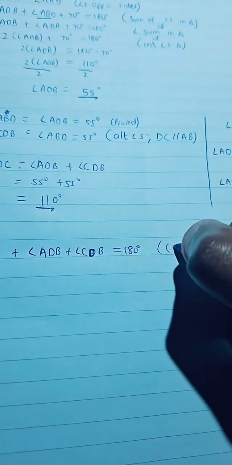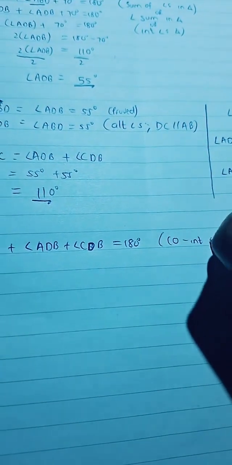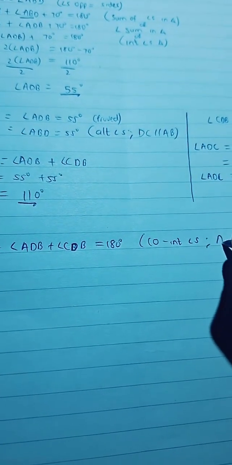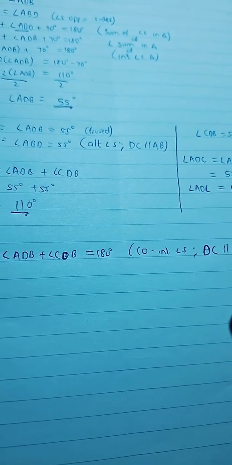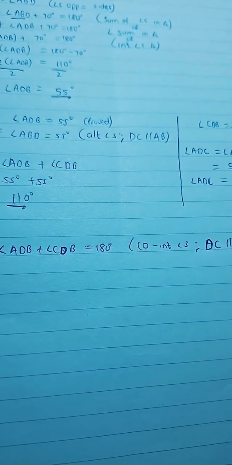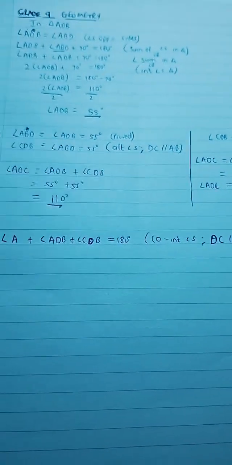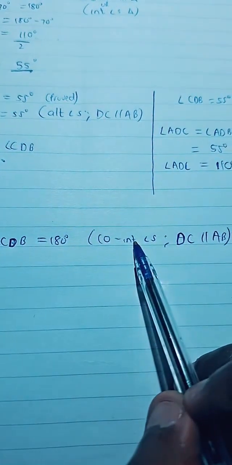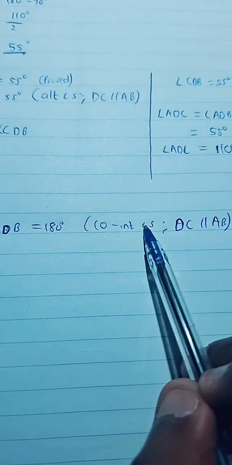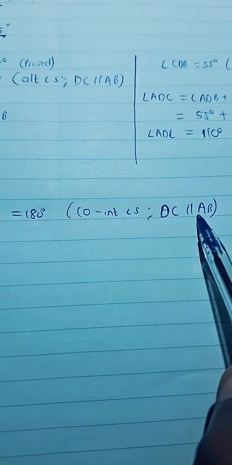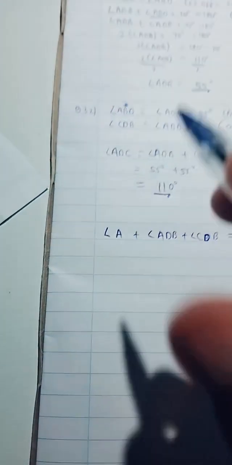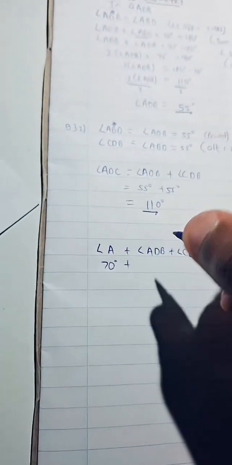What's the reason? Co-interior angles. And then you'd state the lines that are parallel. DC is parallel to AB. Okay. Co-interior angles, we write co-int angles, and then we write a semicolon. We state the lines that are parallel. Right. So angle A we know is 70 degrees, no problem.